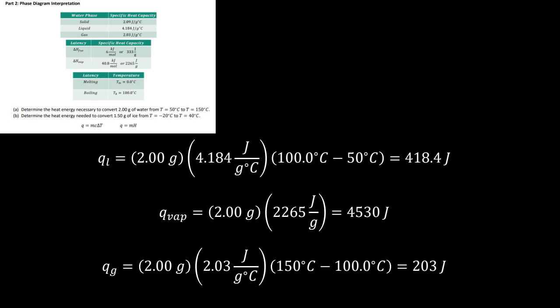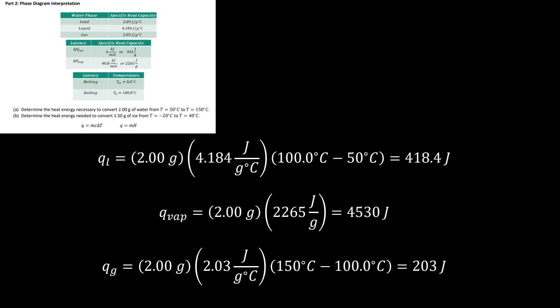Next, we've raised liquid water to as hot as it's going to get. So now we have to go through the vaporization latency. The heat of vaporization, Q vap, the amount of energy we added, is going to be the total mass of our sample times the specific heat capacity of our latency period of vaporization.